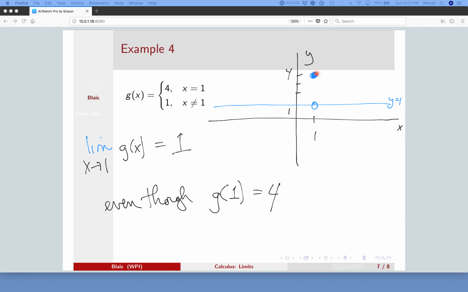The function value being further away is what we'll call a removable discontinuity, but having the function value up here and a hole down here does not affect the fact that as you cruise in from the right or from the left, you're getting arbitrarily closer to the value of 1, the height of 1.